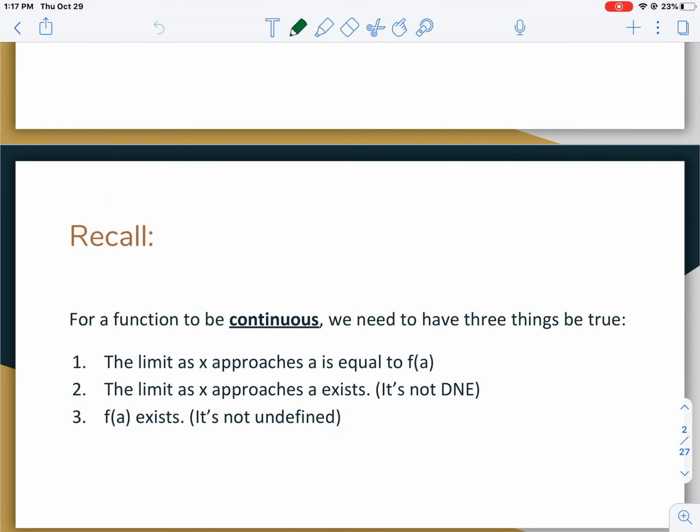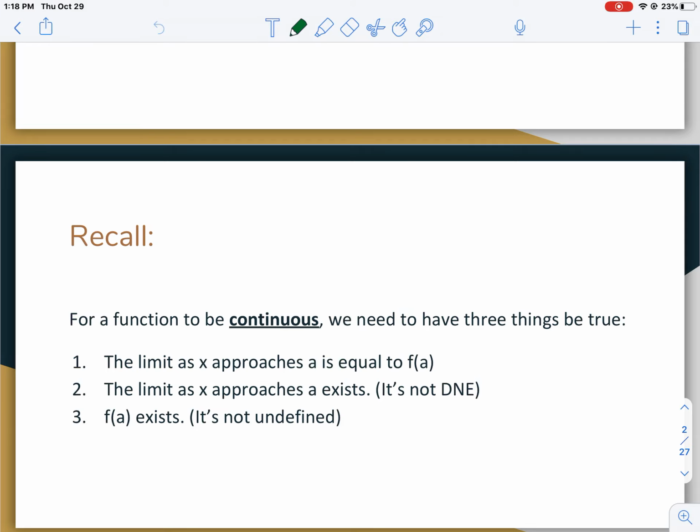So remember, for a function to be continuous, three things have to be true, and I basically boiled it down to this. The limit as x approaches a from the left has to equal the limit as x approaches a from the right, and that all has to be equal to the function value at a particular place.